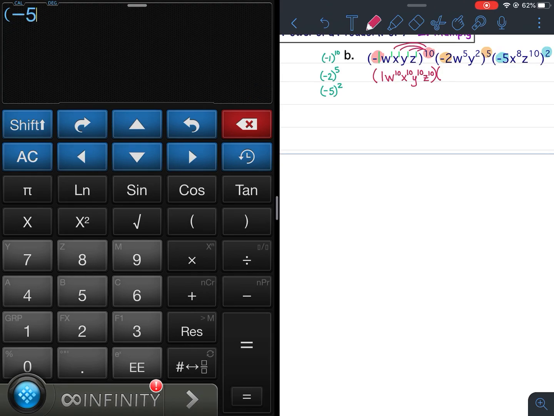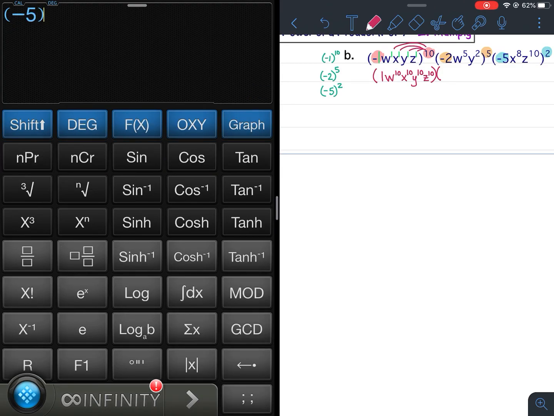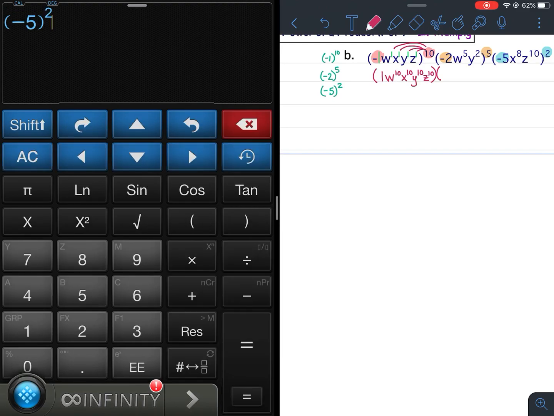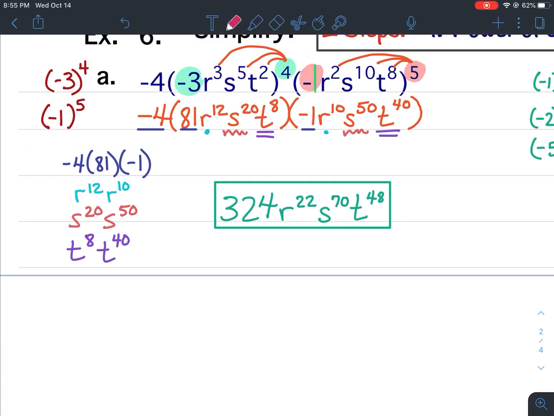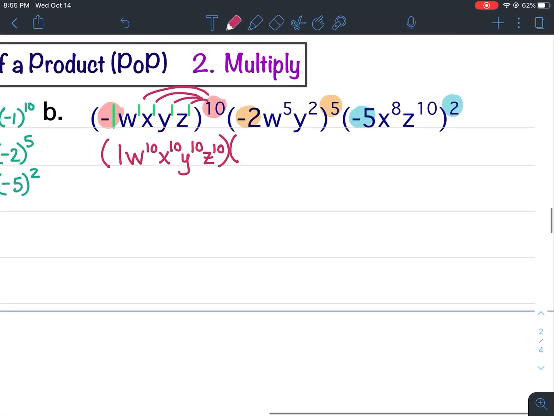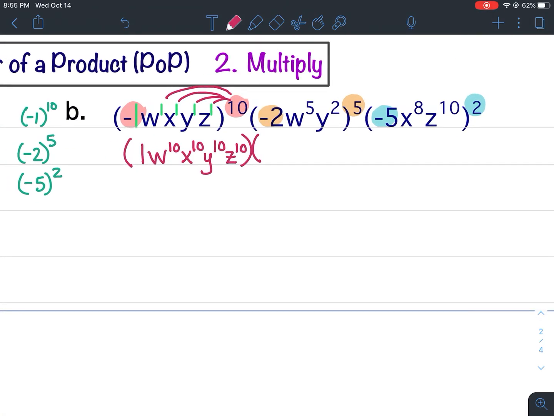And negative 5 squared is 25. So again, negative 2 to the 5th is negative 32.